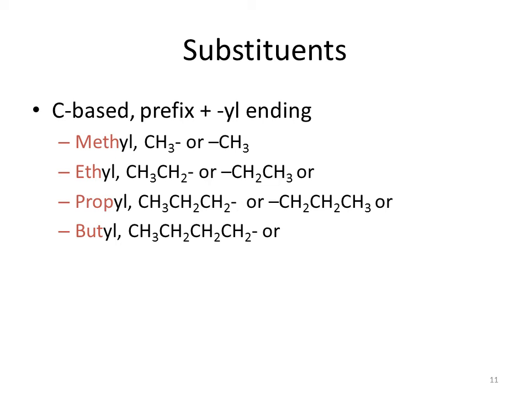So in the ethyl, the carbon that is attached to the chain has only 2 hydrogens attached to it, plus 1 carbon, because it has to leave that 4th position for attachment to the chain. But the end of the ethyl substituent is attached to that carbon by 1 bond, and then 3 hydrogens are attached to make it 4 bonds overall.